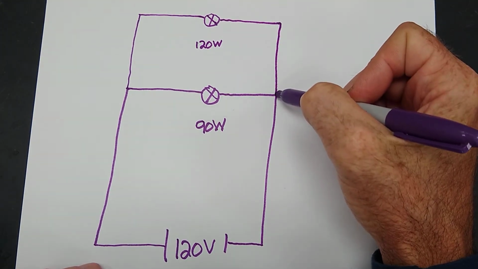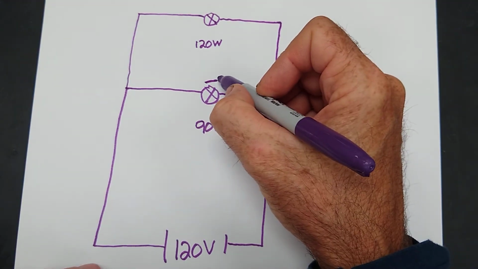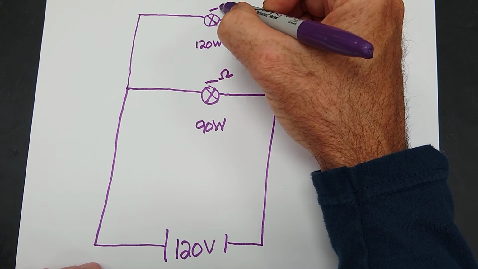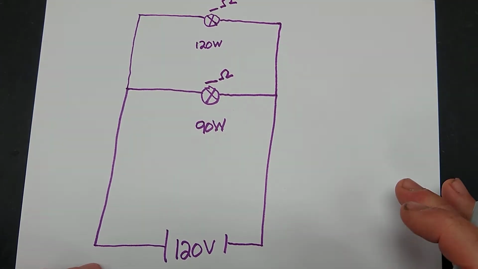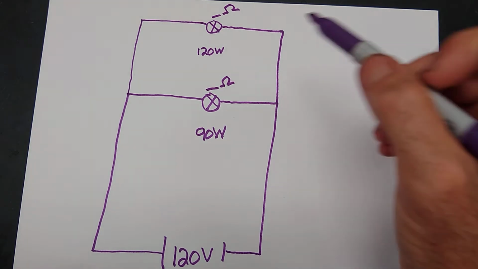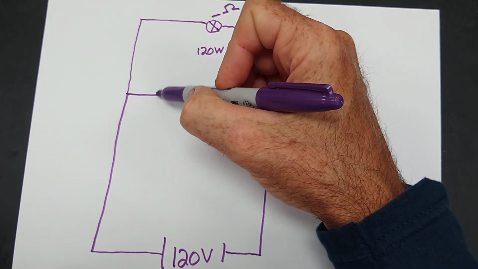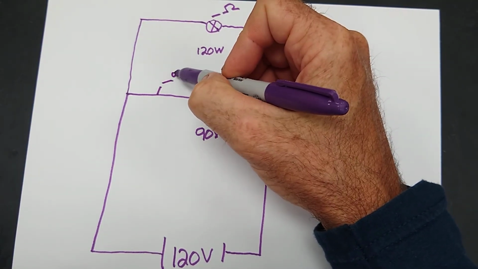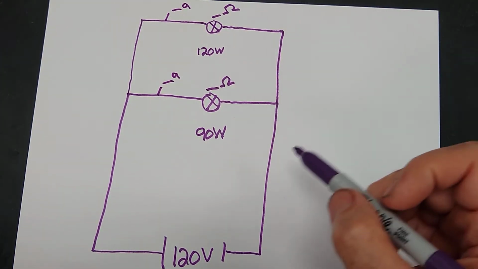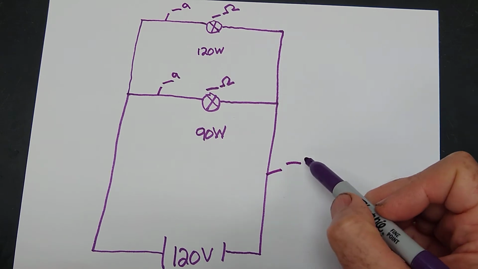So my question to you would be, what is the resistance in ohms of each of these bulbs? And then my last question for you would be, what is the current in the wire here? How many amps are here, here, and here?